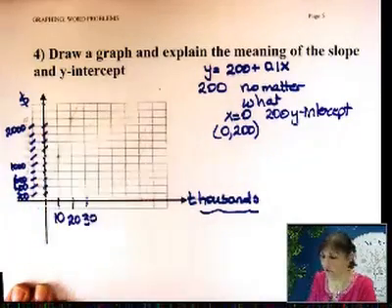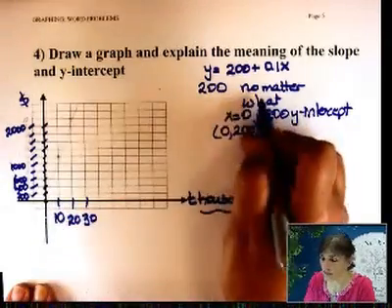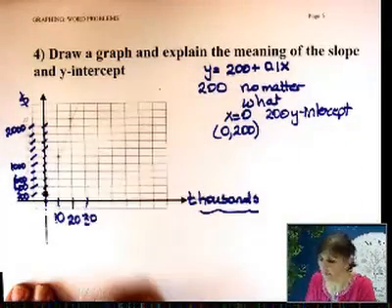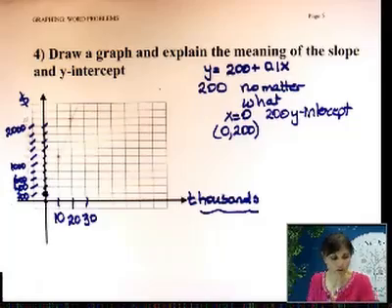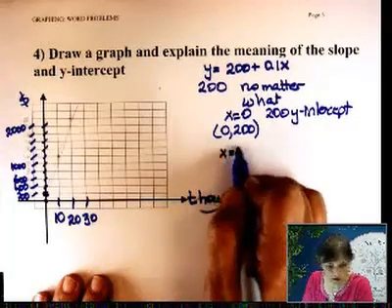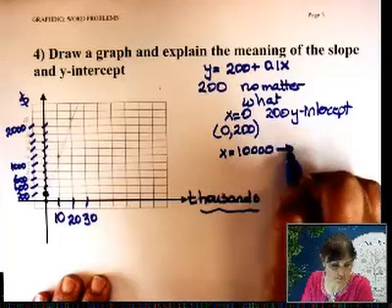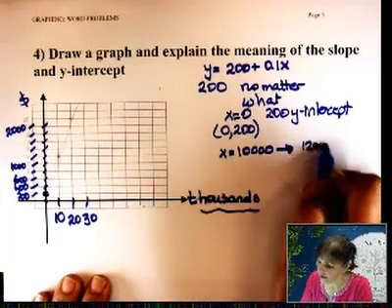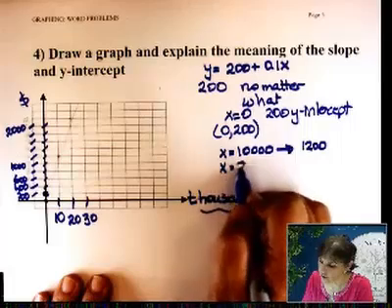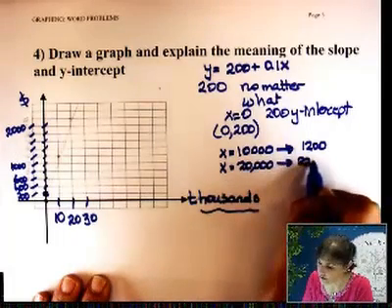And then let's see how that works. Okay, so this is my 0. He's going to make 200 no matter what. And remember, in the previous one, when he sold $10,000 of stuff, he made $1,200. And when he sold $20,000 worth of stuff, he made $2,200.